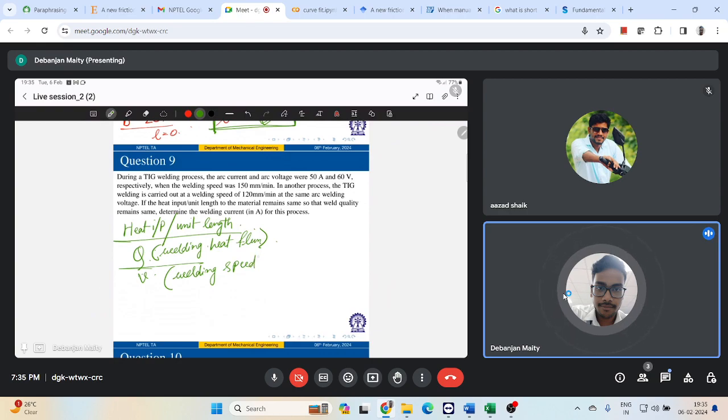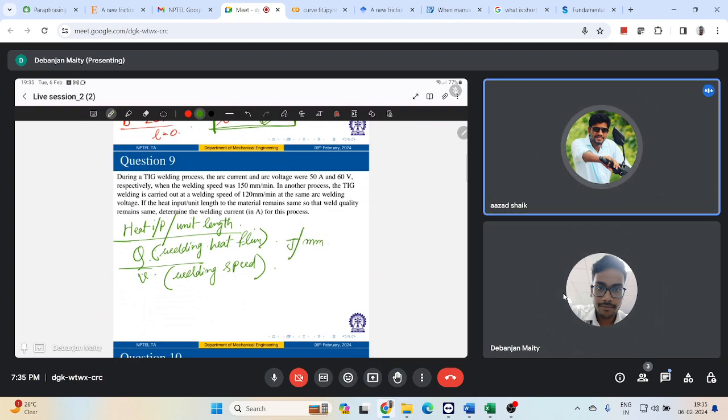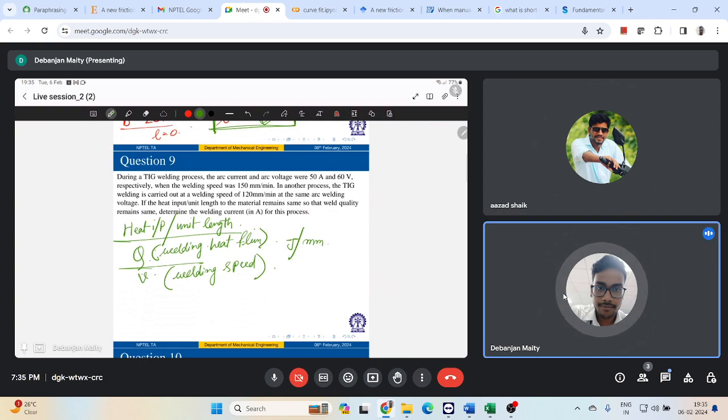Can you tell me the unit of heat input per unit length? The unit will be joule per mm. Your heat flux will be joule per second, and your welding speed should be in mm per second. So your heat input per unit length will be in joule per mm.